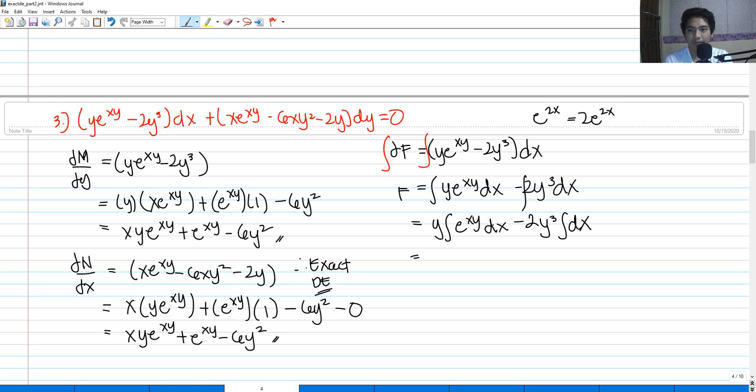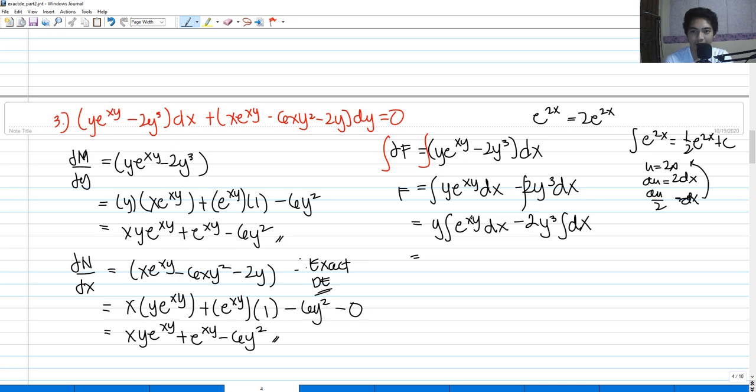That is just like the integral of e raised to 2x, where our 2 is equivalent to y. So how do we integrate this? This is 1 half e raised to 2x plus c, because we get the derivative of u equals 2x, so du equals 2 dx, so that du all over 2 equals dx, and we get that 1 half.